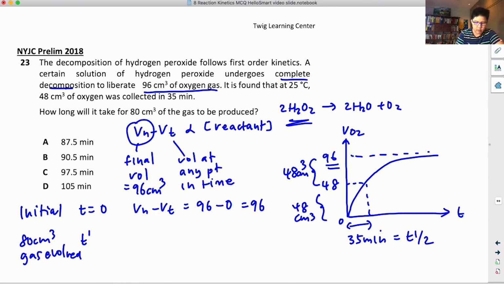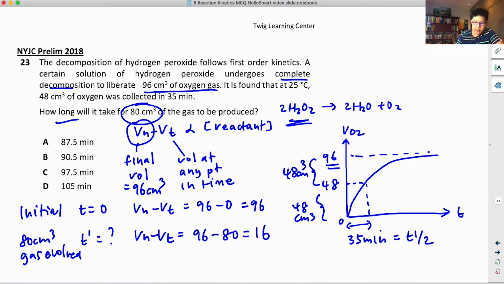I call it T prime, which is what you want to find out. So Vn minus Vt is equal to 96 minus 80 cm3, so this will be 16.